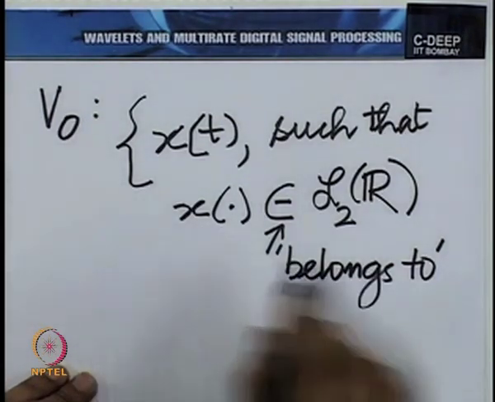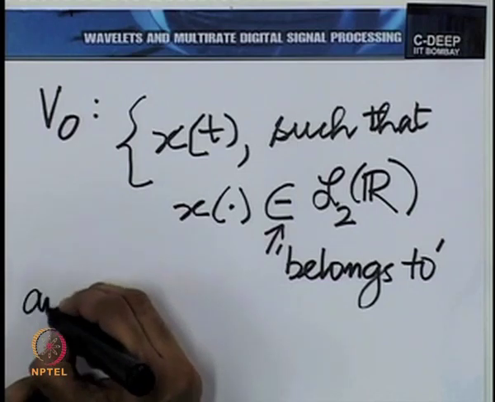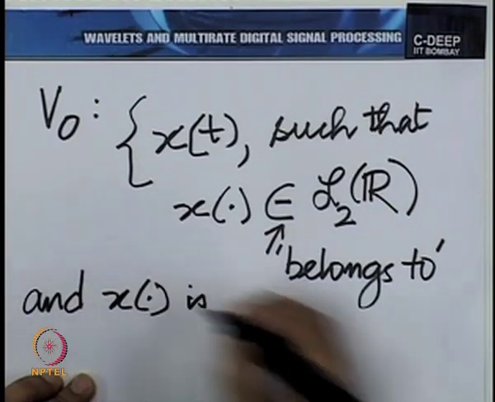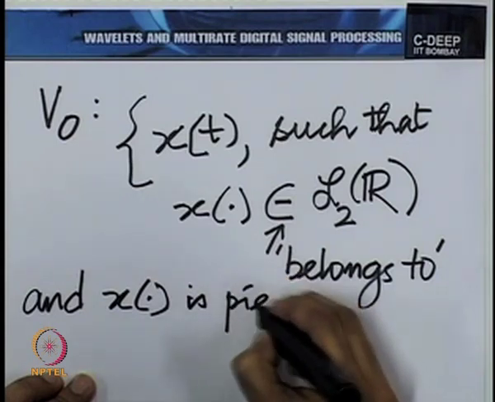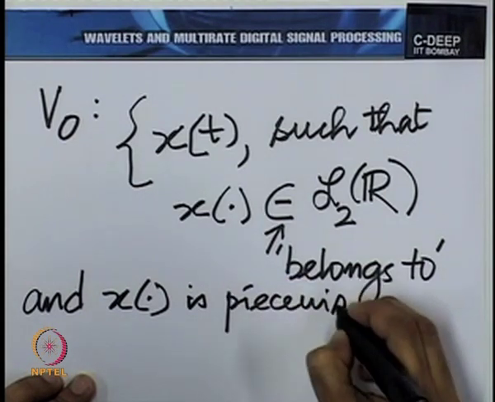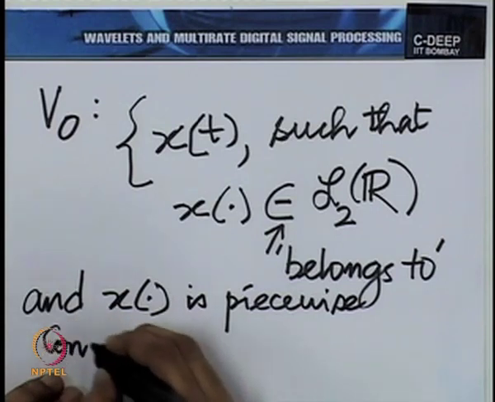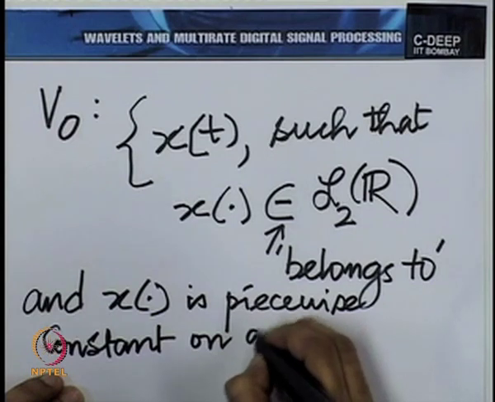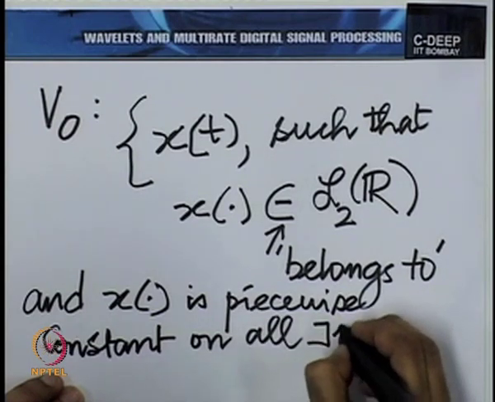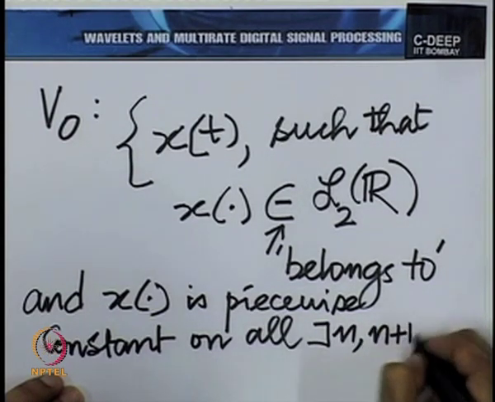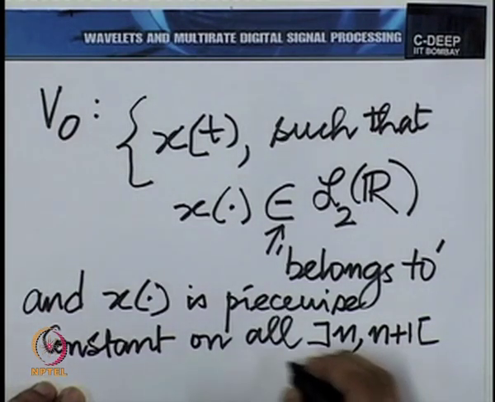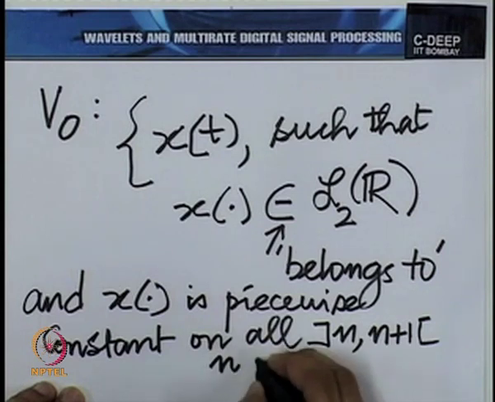So, such that x belongs to L 2 R and x is piecewise constant on all intervals of the form n, n plus 1, n an integer.